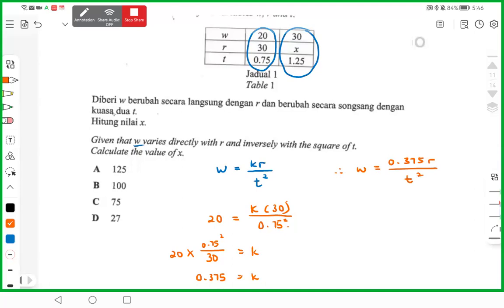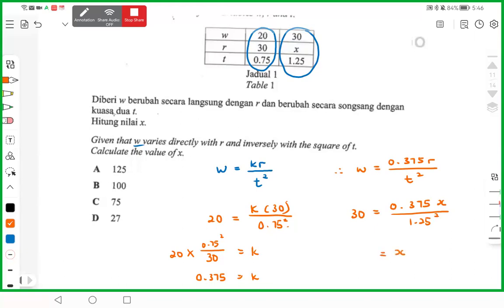So to proceed to find x, which is equivalent to R, very simple only. So just substitute. Then we get the value of x.